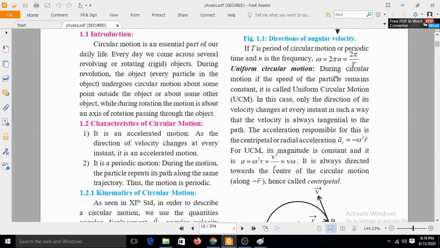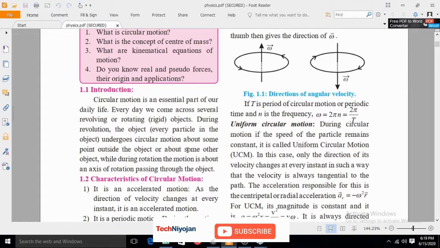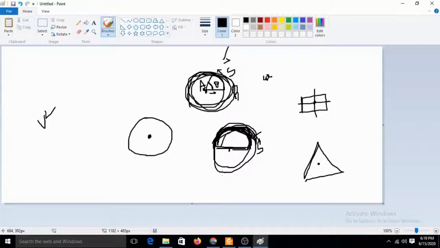An object can also undergo circular motion about some point outside the object or some other object, while during rotation the motion is about the axis of rotation. That is discussed in these diagrams for you.